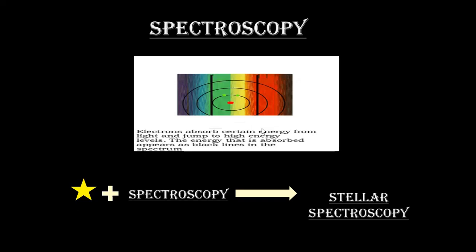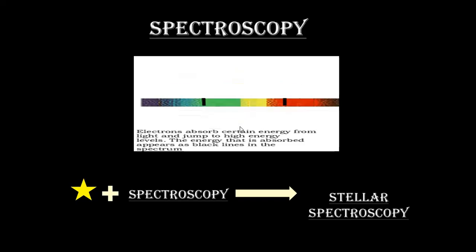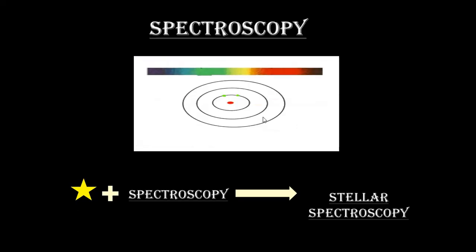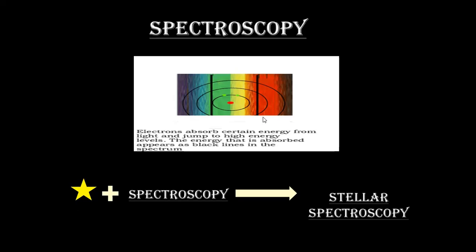And here there is an absorption of energy, which is indicated by black lines. So, in a similar way, the study of spectral lines emitted or absorbed by an object is nothing but spectroscopy.